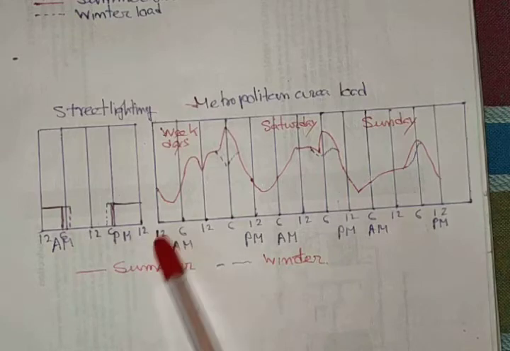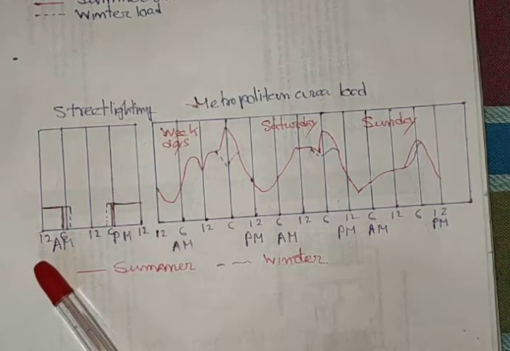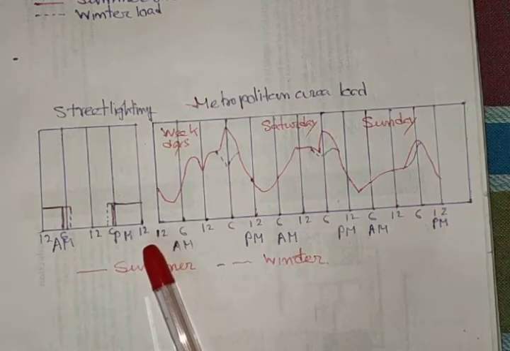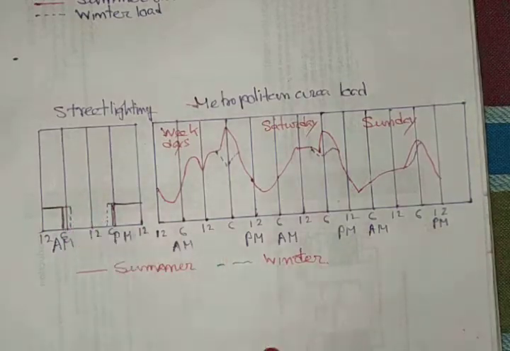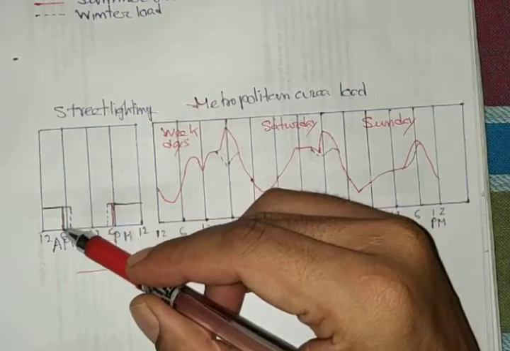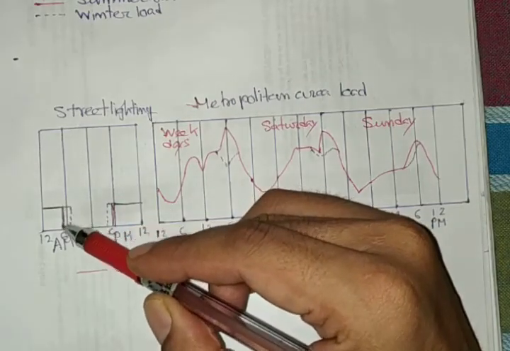Similarly, for a street light, this is one example, 12 a.m. to 12 noon to 12 p.m. If you observe here, in summer this is the load.